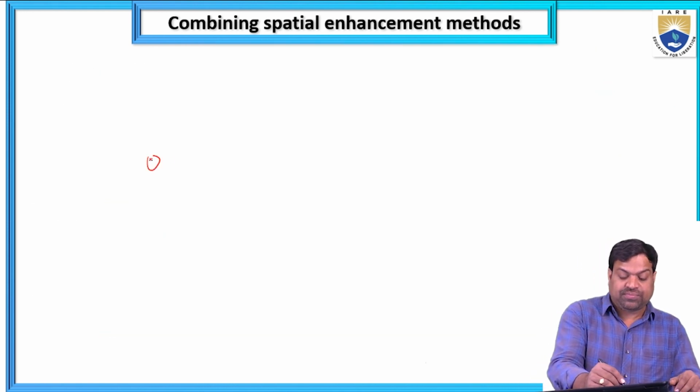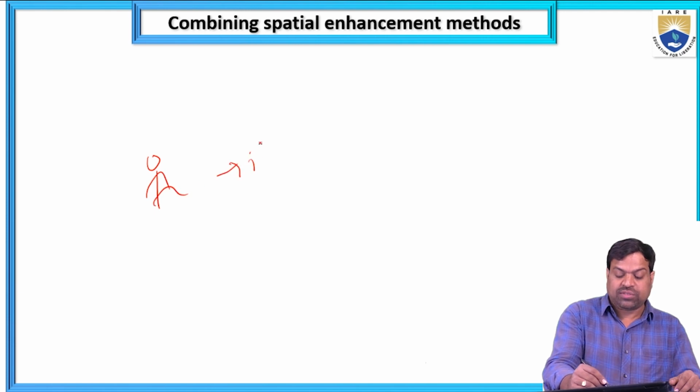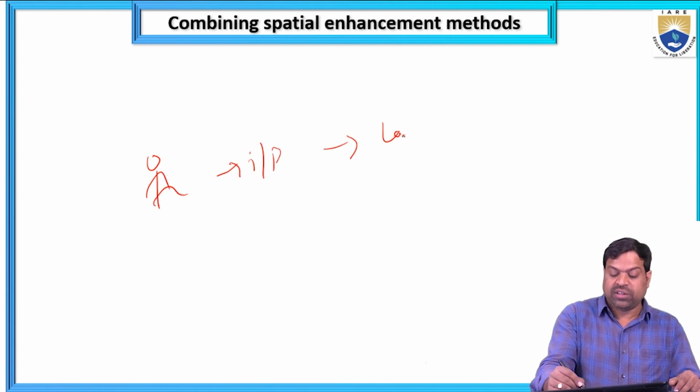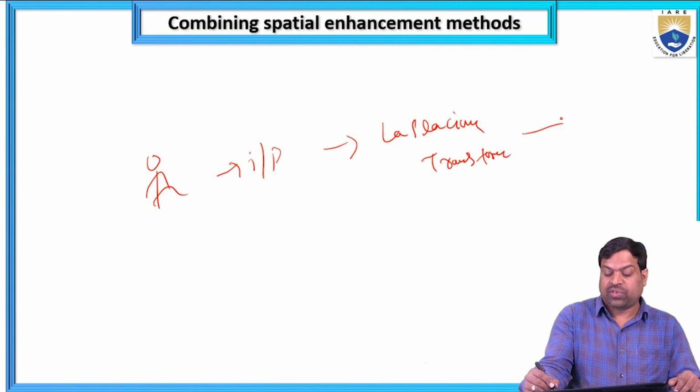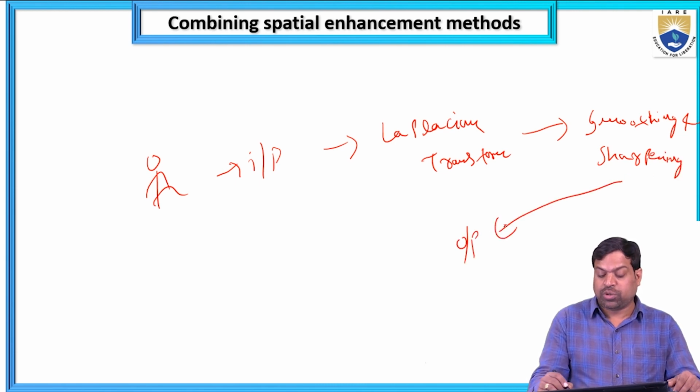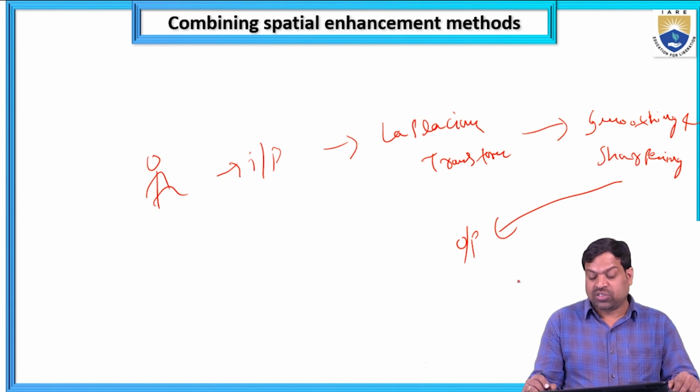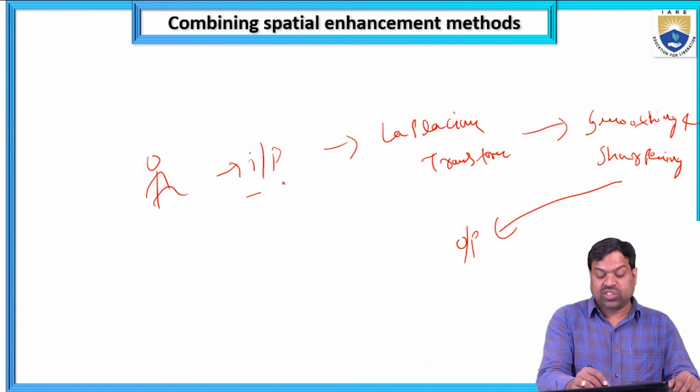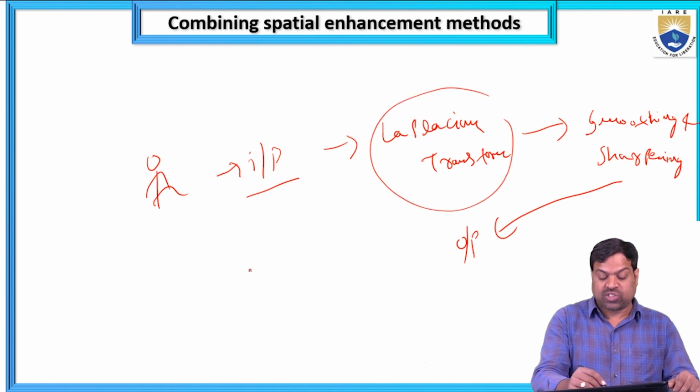Suppose I'm taking this input and applying the Laplacian transform. After that, the output is smoothing and sharpening, a sharpened or smoothed image. So in this input image, I am applying the Laplacian transform.